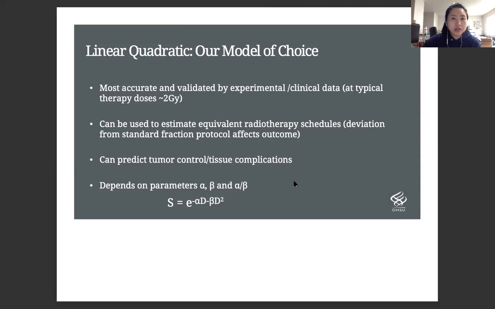It can be used to estimate equivalent radiotherapy schedules. Deviation from the standard fraction protocol affects outcome. It can predict tumor control and tissue complications, and depends on parameters alpha, beta, and alpha over beta, which is fractionation sensitivity. We come up with this formula: S equals e to the negative of alpha D minus beta D squared.